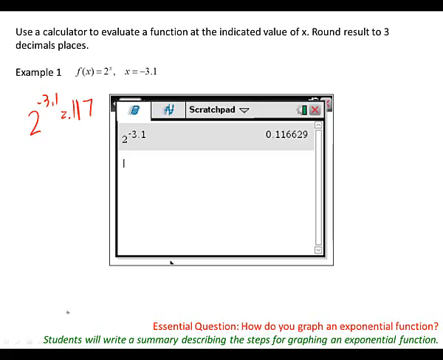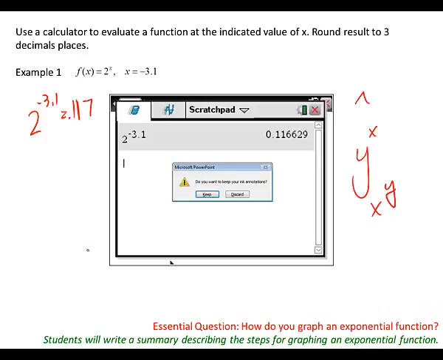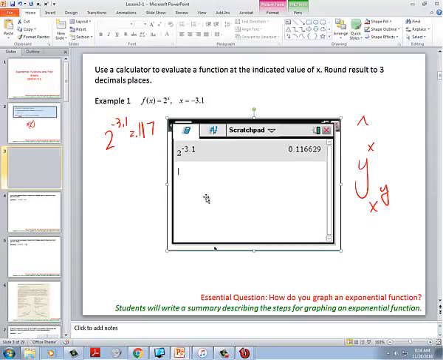Y to the X or X to the Y is the same thing as the caret button. If you don't have it on your phone, sometimes if you turn your phone sideways, that'll turn it into the scientific calculator. The other one is it is on the computer too. If you look at the calculator, there's a way to change it to scientific too. Okay, I can show you that in a minute.